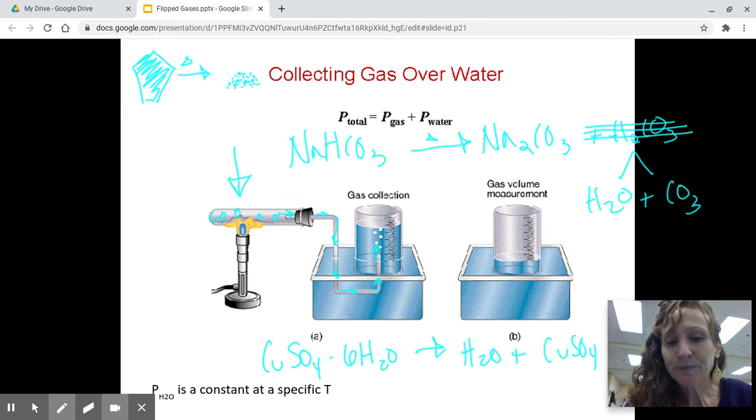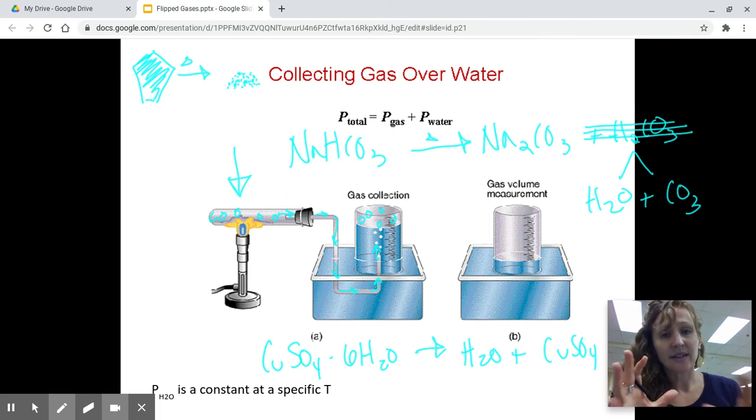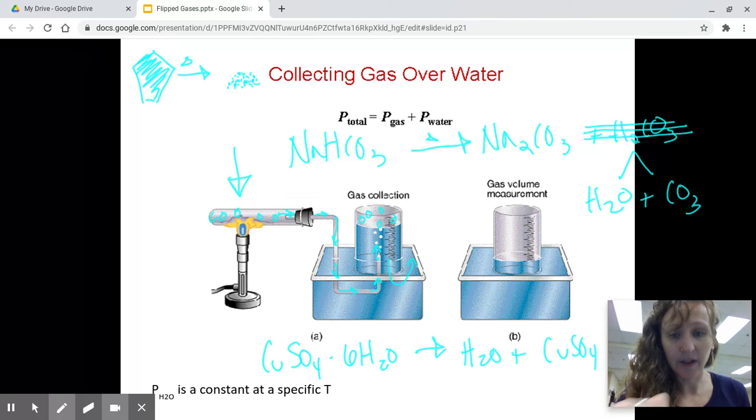Okay, so as the gas bubbles up, it collects up here because the gas is less dense than the water. It's going to rise. But the gas can only collect to a certain extent, and then it's going to start pushing back on the water. And what happens as it pushes on the water is it actually pushes the water out of the cup.